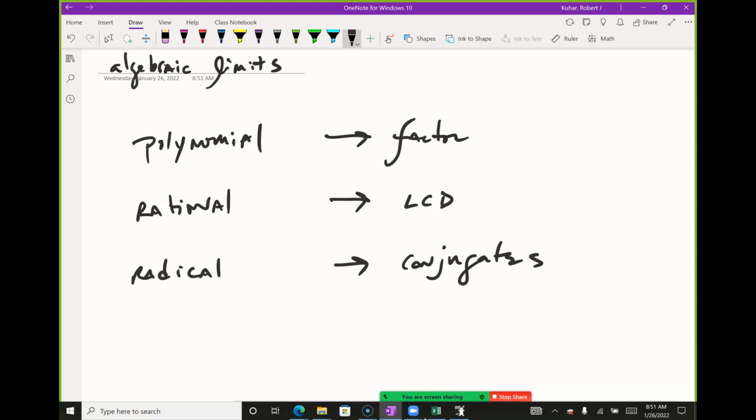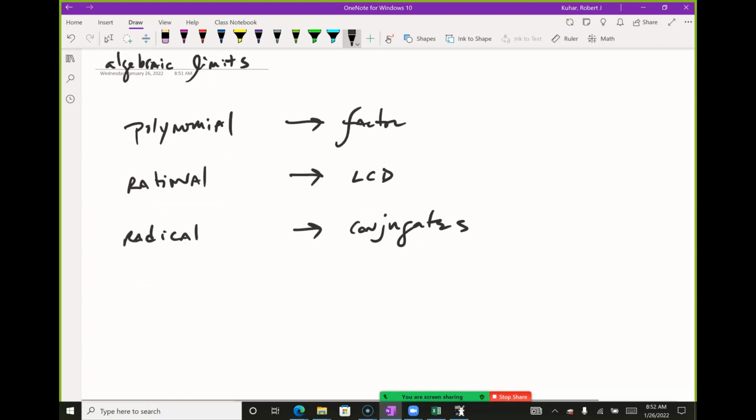If you had a demanding pre-cal teacher, you did all of these as difference quotients. So this should be pretty easy for my students that were in my pre-cal class. So let's do a couple of each of these.